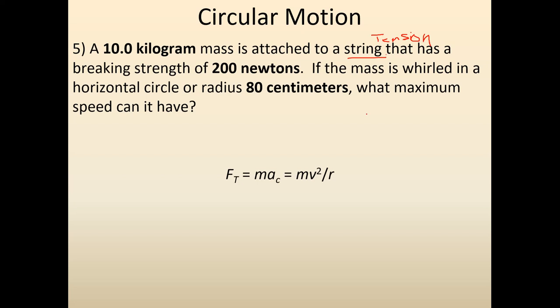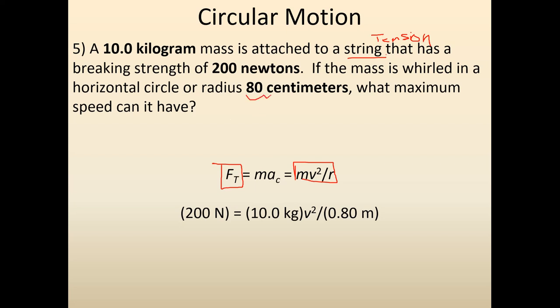So set it equal to MAC, which is equal to MV squared over R. In particular, I really only care about the first and last part. So plug my numbers in, making sure to convert the 80 centimeters into meters. And I get that the maximum speed that this object can have is about 4 meters per second. Any faster, and the string will break.